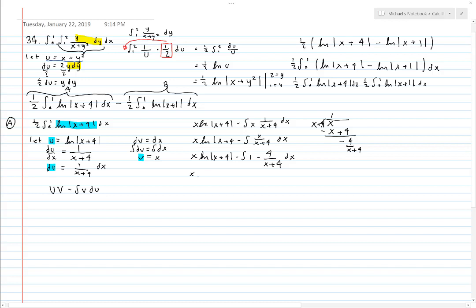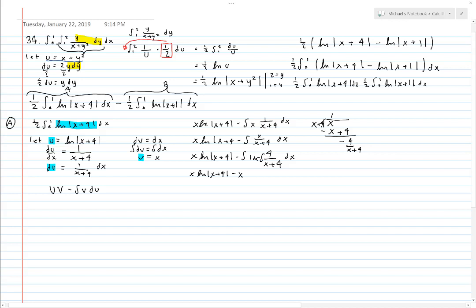So now we have x ln of x plus 4. And then we have minus x. And notice what we're doing here is just doing the integral dx like that.